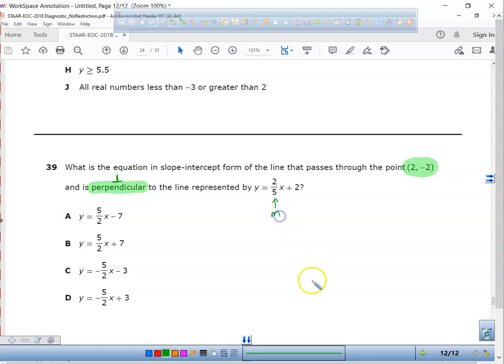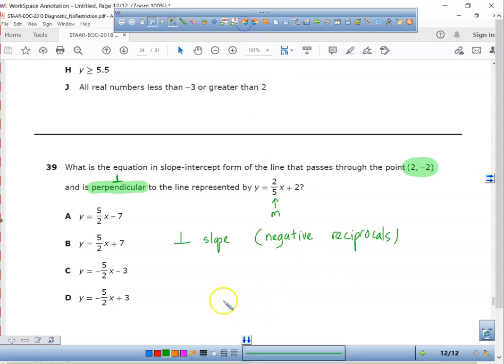That's the M value. Does anybody remember what perpendicular slopes are always equal to? Yep, it's a 90-degree angle, but the slopes are always negative reciprocals. You're like, what the heck is a negative reciprocal?